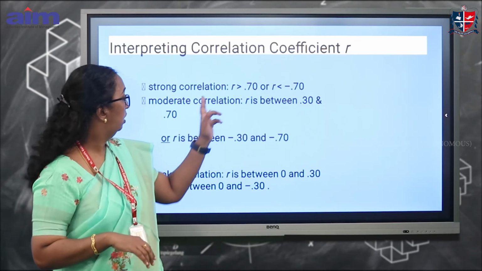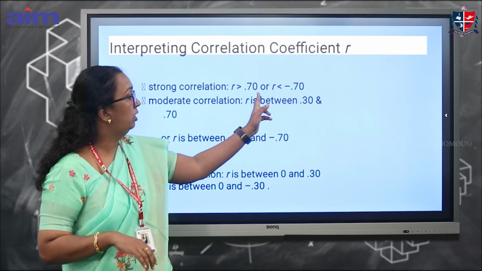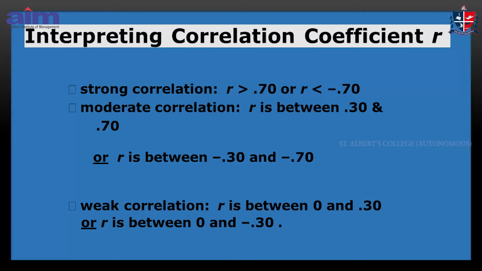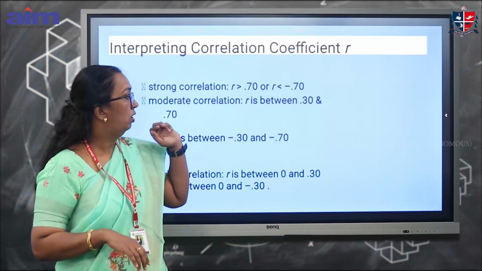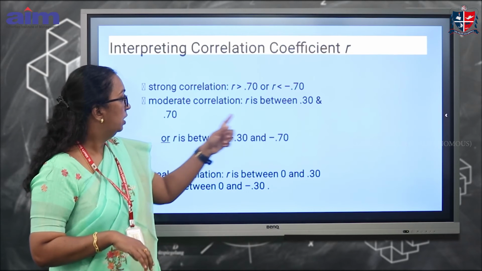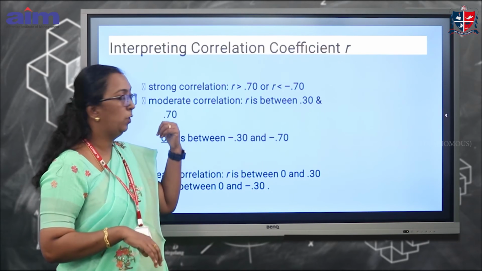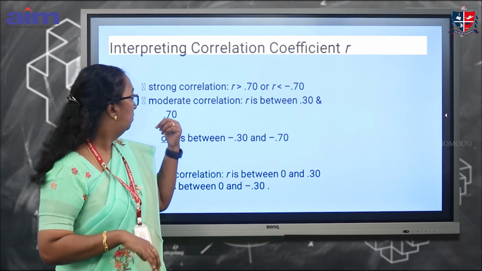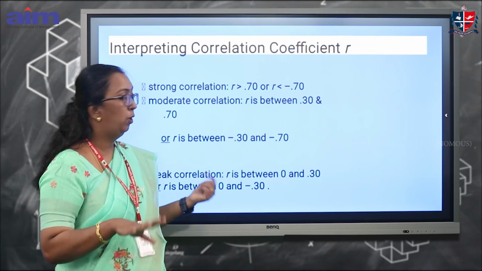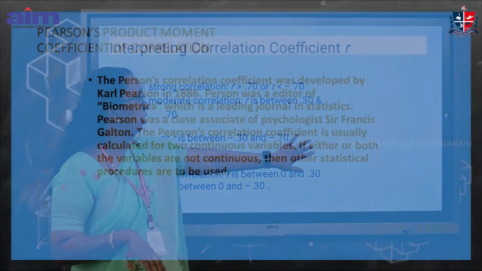So how do you interpret? If R is between 0.7 and -0.7, then it is a correlation. If it is more than 0.7, then it is a strong correlation. If it is between 0.3 and 0.7, then it is a moderate correlation. And if it is below 0.3, then it is a very weak correlation.